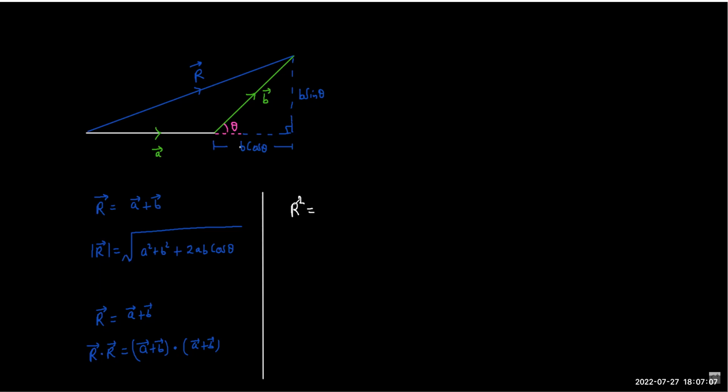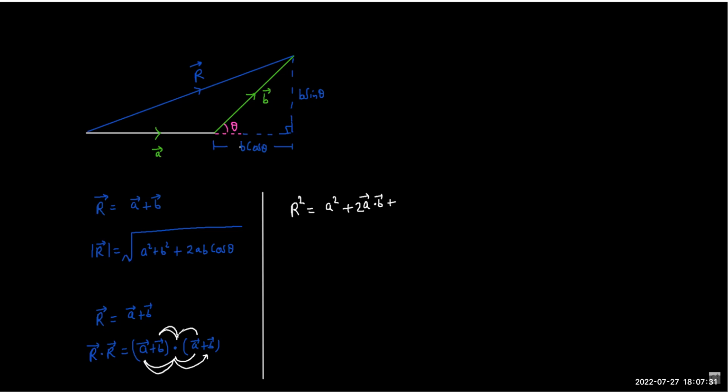Yes, sir. And then we can keep on doing the multiplication by taking the dot. So the first term is A dot A. What will this give you? A square. Then A dot B plus B dot A. It's a repetition, I can put it twice.